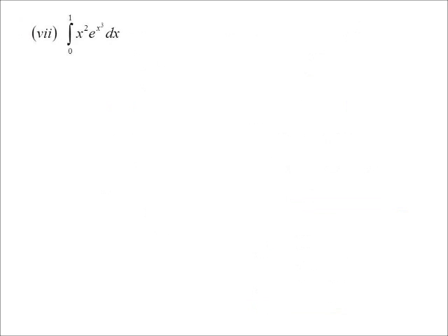Let's do a definite integral. Powers x cubed, so I'd like to see 3x squared there. I've only got x squared, so let's balance it out. I'm going to have a third lots of 3x squared. I can now integrate. 3x squared e to the x cubed goes to e to the x cubed. Sub 1 in, we'll get e to the power of 1 minus e to the power of 0.